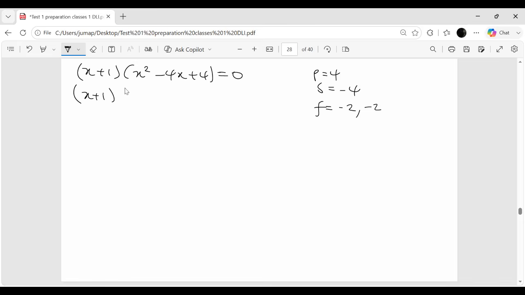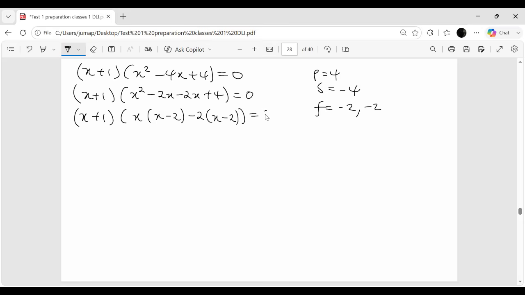As a result, it will be x squared minus 2x minus 2x plus 4 equals 0. As a result, x plus 1, then x squared, this is going to be x, which is common, then x minus 2. Then what is common here is negative 2, then x minus 2 again, equals 0.